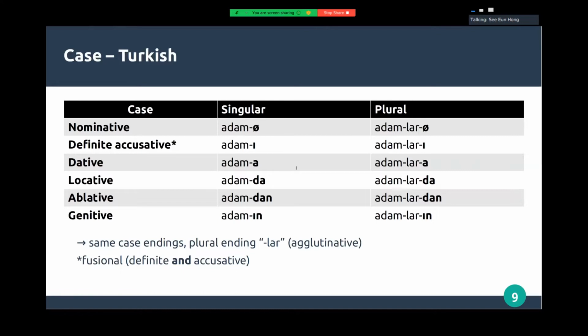But in plural forms, the case markers are preceded by the plural ending. So here the number is represented by the plural ending alone, and the case is represented by the case endings alone. So they are agglutinative.